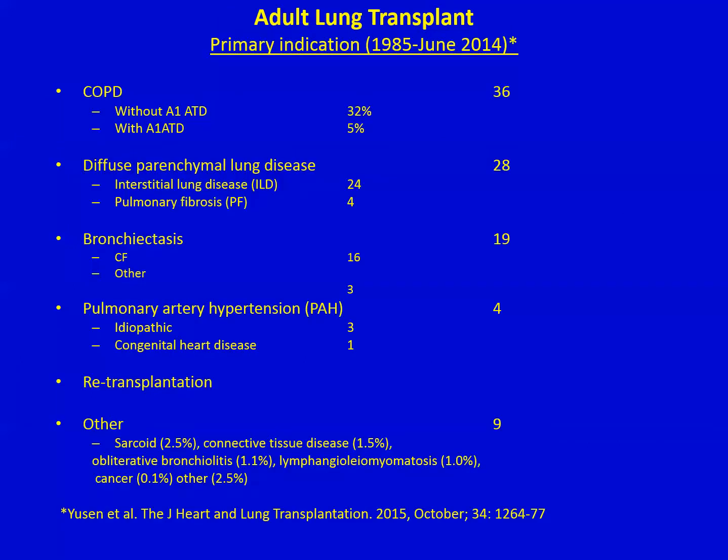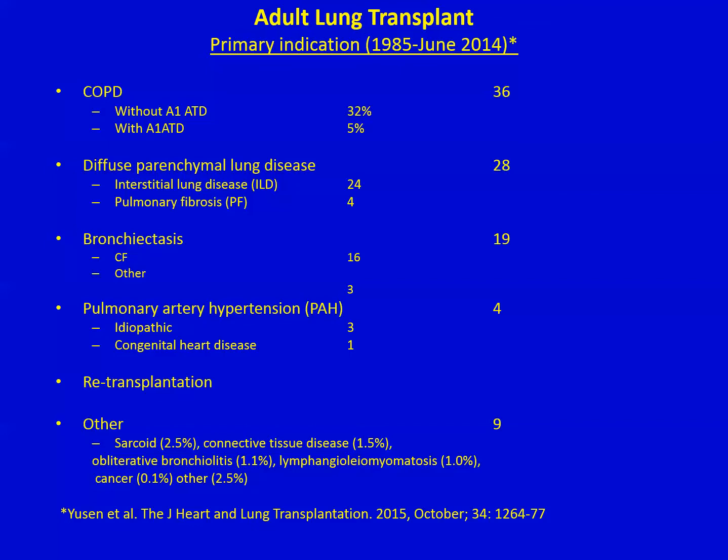This shows the primary indication in the database worldwide. About 36% for COPD, 28% for diffuse parenchymal lung disease, about 19% for bronchiectasis, mainly cystic fibrosis, and about 4% for pulmonary hypertension.